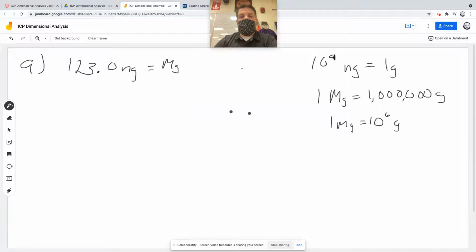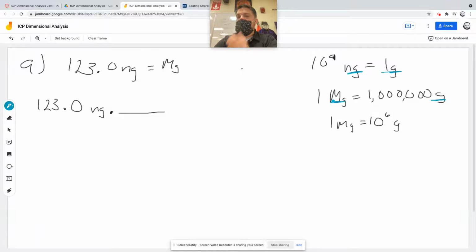All right. So I'm going to start with 123.0 nanograms, and then I need a conversion factor. I start with the nanograms because I have to switch from nanograms to megagrams. So I'm going to go from nanograms to grams, and then from grams to megagrams.